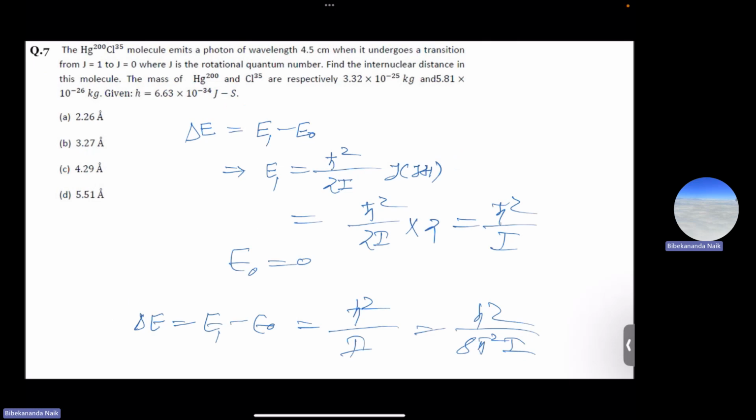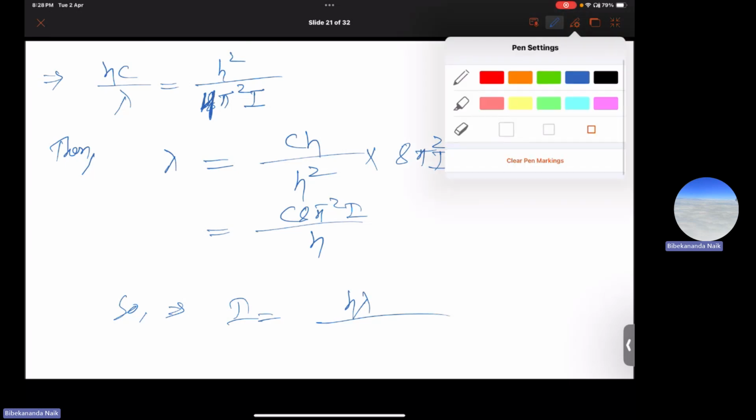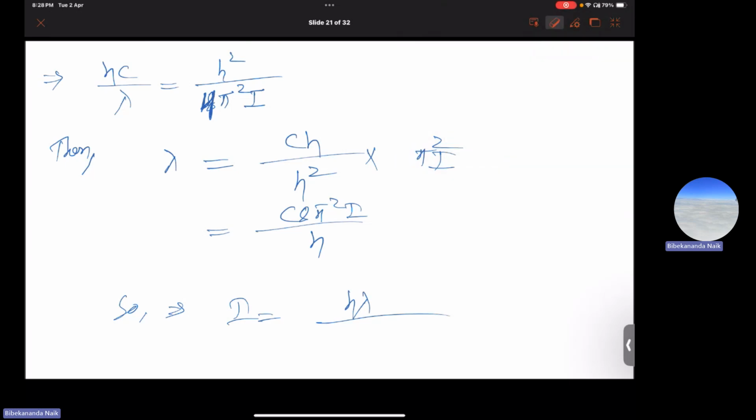Here it won't be 8 pi square, because the 2 gets cancelled out here, so it will be 4 pi square only. So I will be h lambda divided by 4 pi square c.